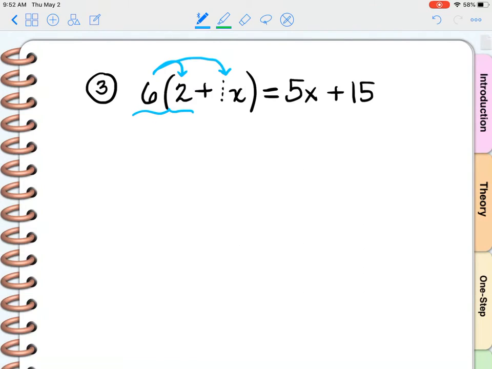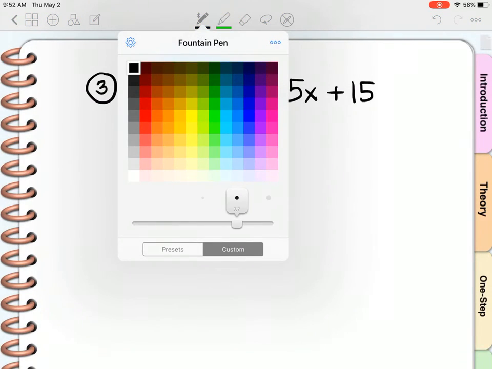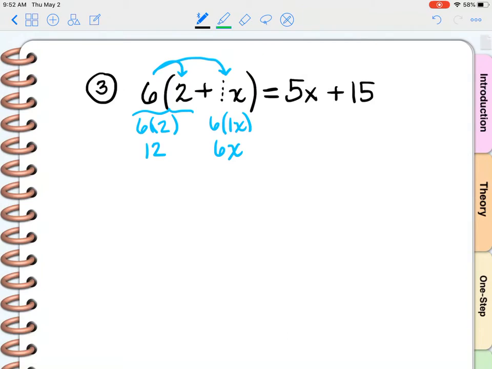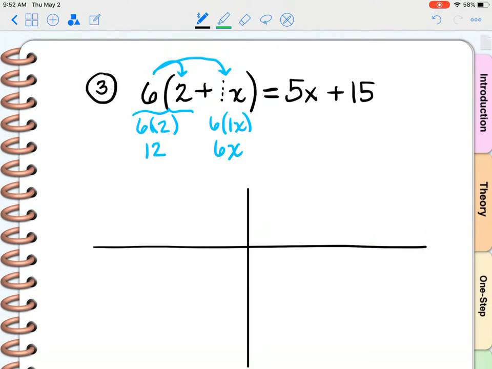So we have 6 times 2, which is 12. And then 6 times 1x is 6x. And then we're left with a problem that we can solve. So let's do the solving frame and put the terms in there.